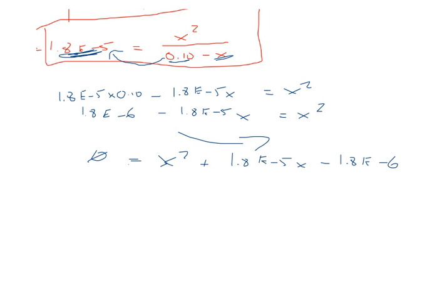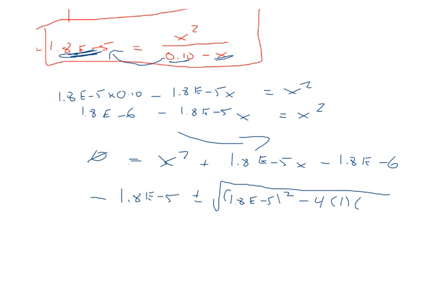It just means that my b and c values are ridiculously small, but that's okay. I can still do it. So quadratic formula is negative b plus or minus the square root of b squared minus 4ac, all over 2a.